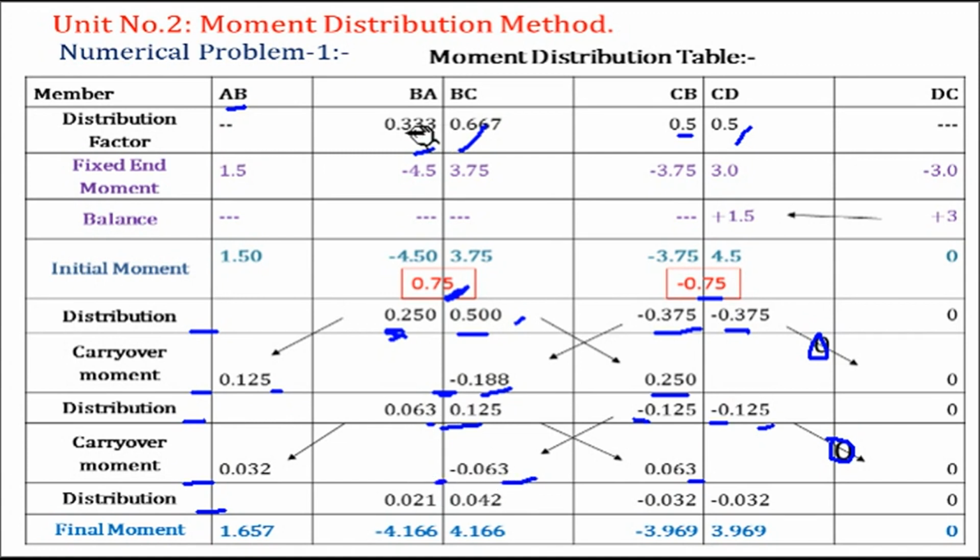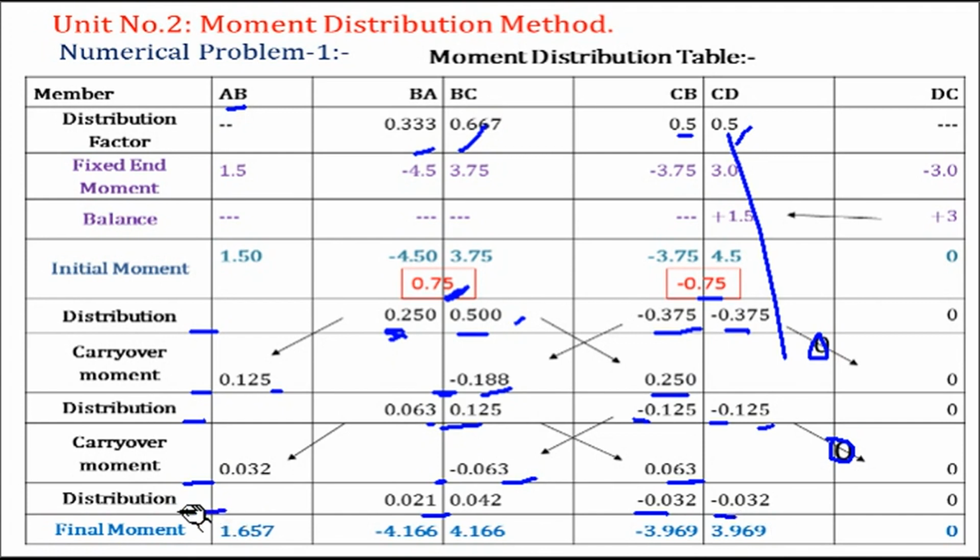So that into this distribution factor we have distribution moments 0.021 and 0.042. Again here balance moment will be minus 0.063. So minus 0.063 into 0.5 we have minus 0.032. Again minus 0.063 into 0.5 we have minus 0.032.